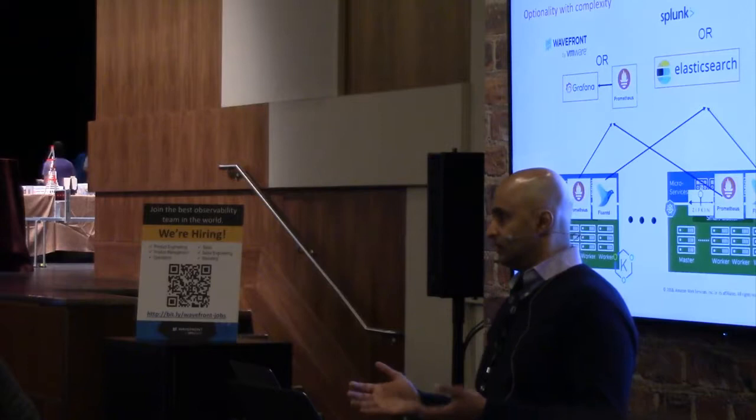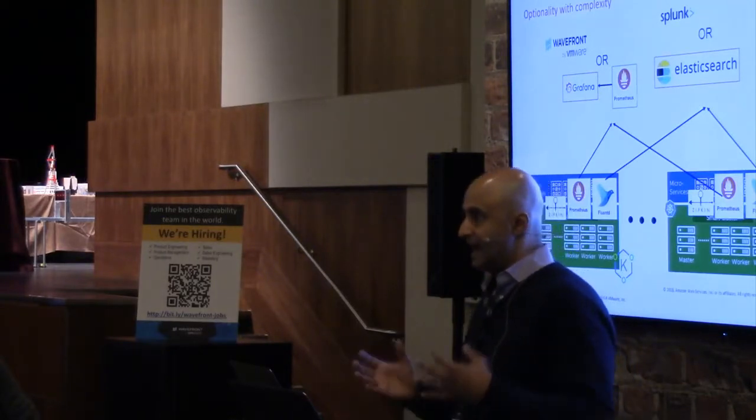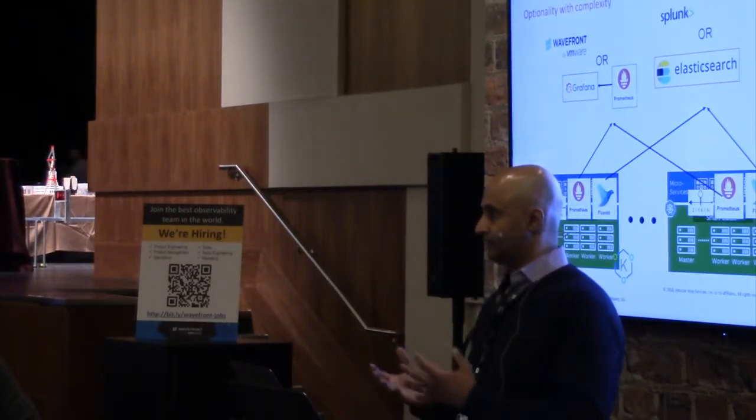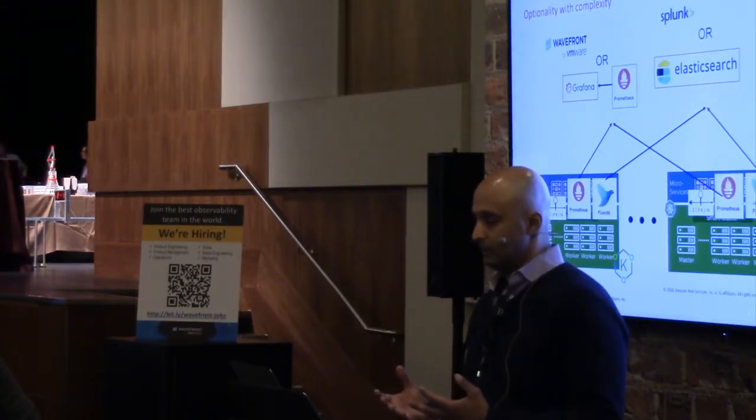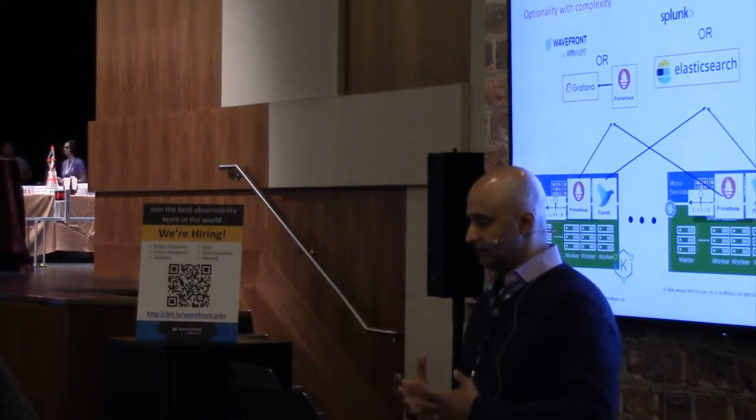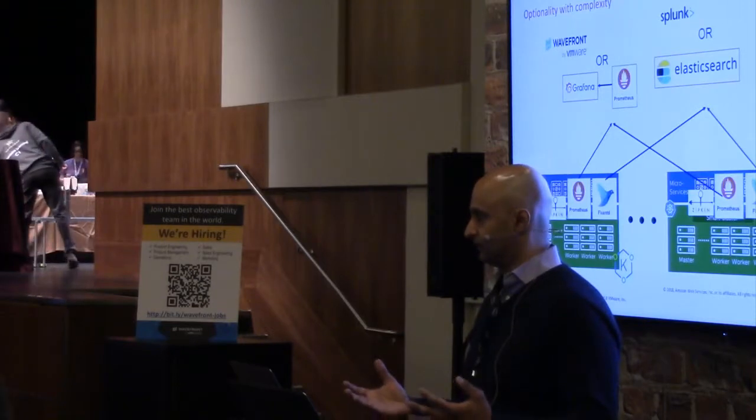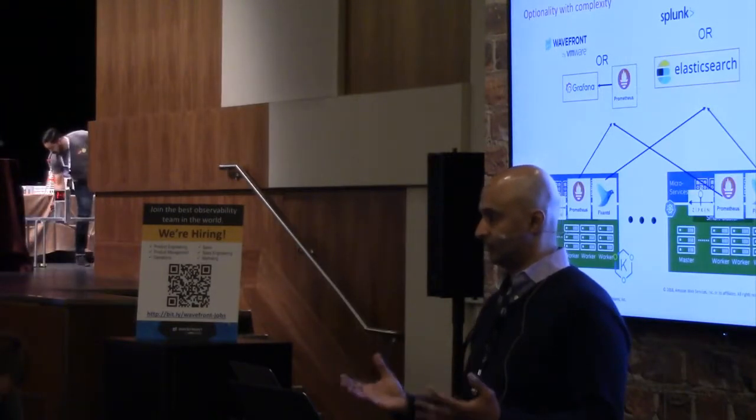For logging, you can take the cluster and application stats and aggregate them into Splunk or Elasticsearch. You have a rich ecosystem of components out there to build these architectures.